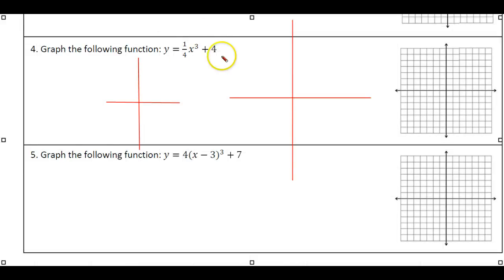Again, you want to be able to pick out what happens to the shape of the graph. Well, if it was just y equals x to the 3rd, then your typical shape of that was this, going through 0. But now we're going through a +4. We're moving it up, and we're broadening it out. So this is 1/4.